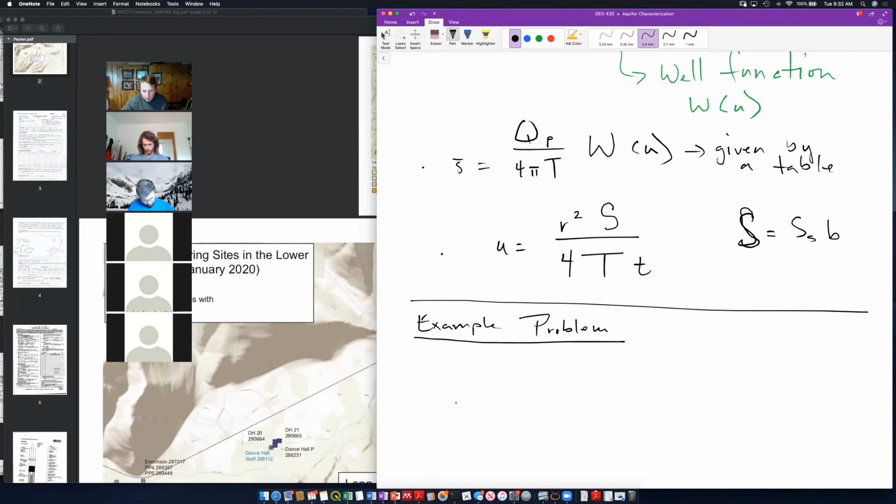I've got a pumping well, pumping at Q_P, and that is equal to 400 meters cubed per day. And I've got an observation well, let's do 100 meters away.